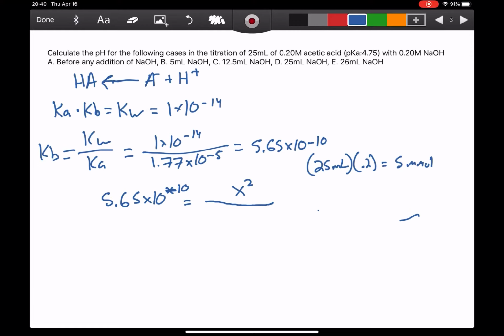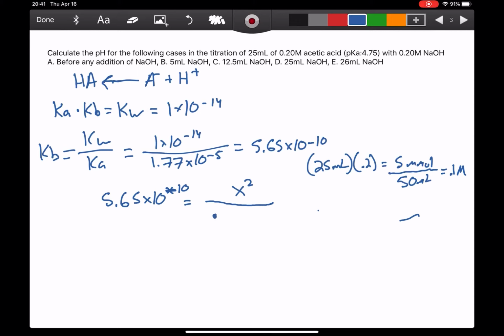The NaOH has gone on to produce 100% acetate. So this is the millimoles of acetate we have. But now we have a different concentration because we have a new volume. We started with 25 milliliters, we added 25 milliliters, which means we now have 50 milliliters. So to find our new concentration, we divide the number of millimoles by the number of milliliters, which will give us 0.1 molar. The milli cancels out and you're left with moles per liter.